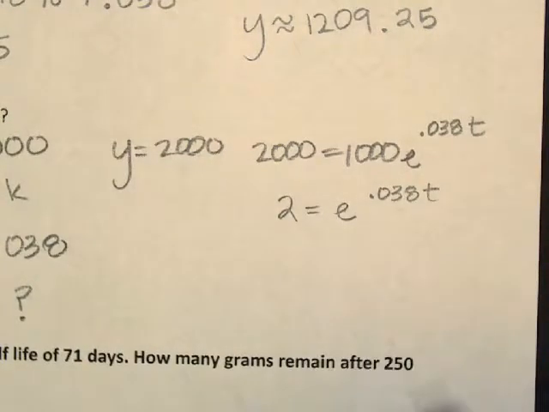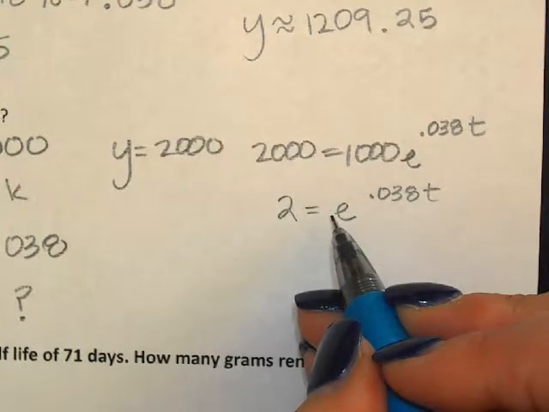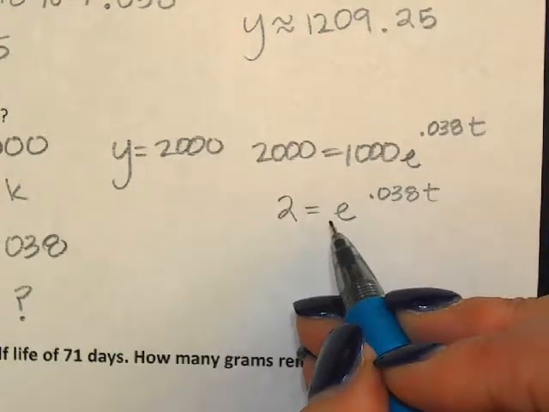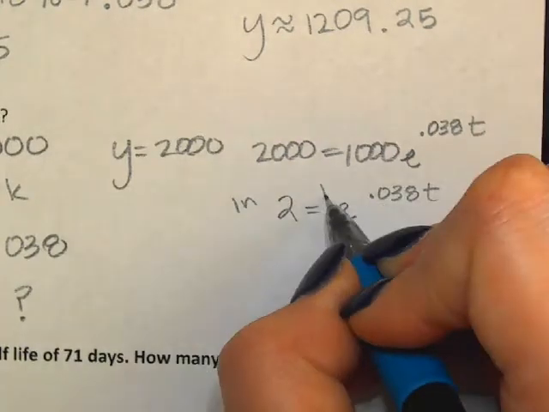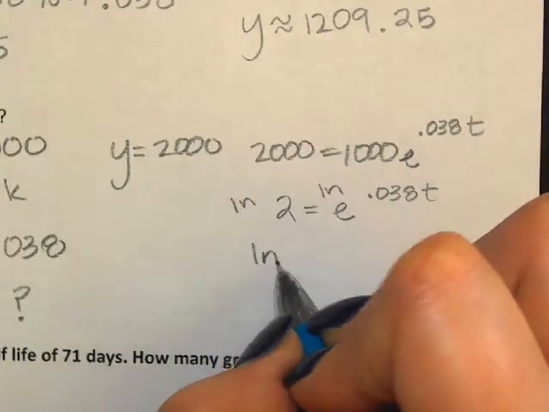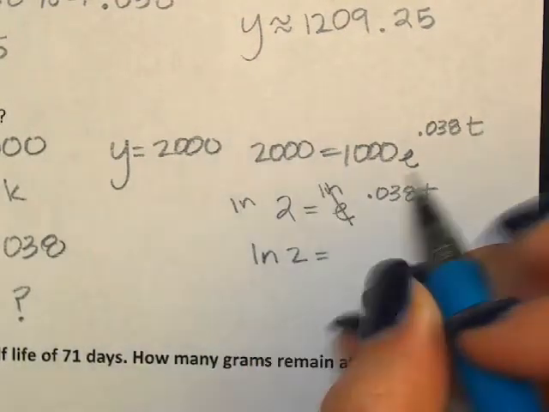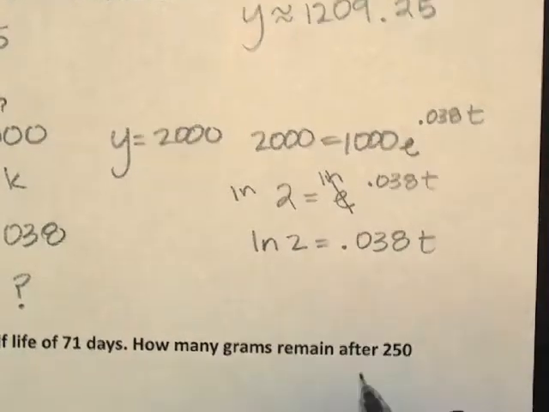And I want to get to that exponent, so I need to get rid of the e. Yep, which is ln. ln. So I'm going to ln the left side and ln the right side. So I get ln 2 equals 0.038 t.